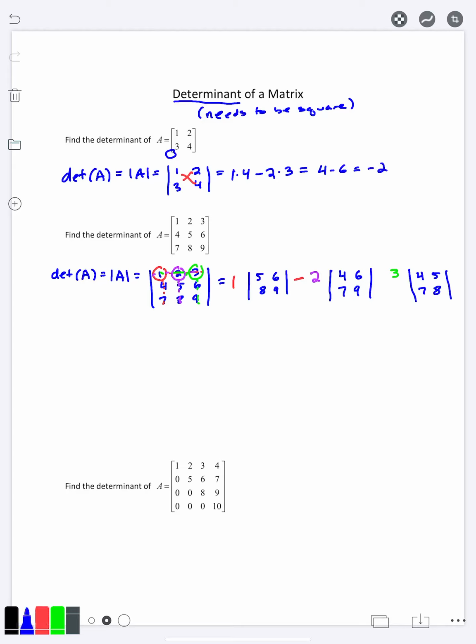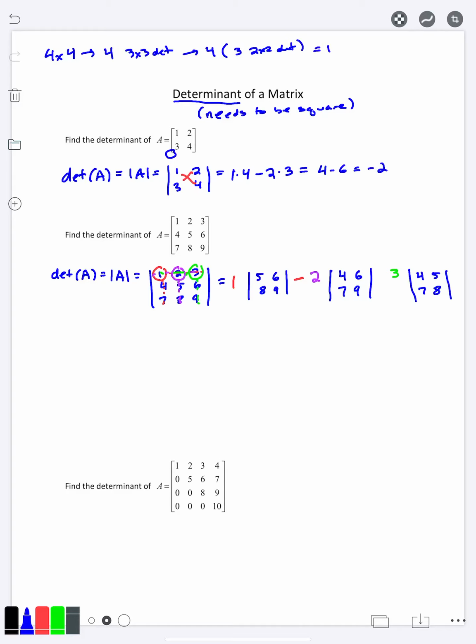So, a quick overview: we started with a 3 by 3 matrix and broke it down into three 2 by 2 determinants. If you had a 4 by 4, you would break that down into four 3 by 3 determinants, and then each one of those you would break down into three 2 by 2 determinants.